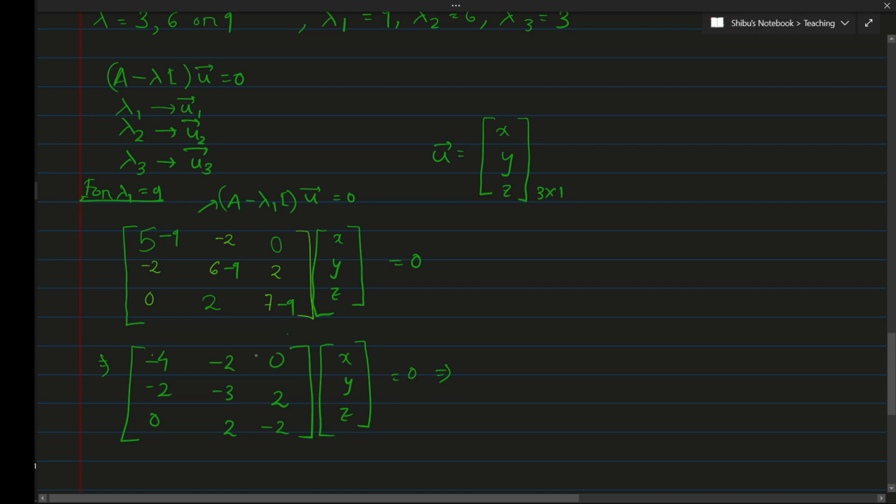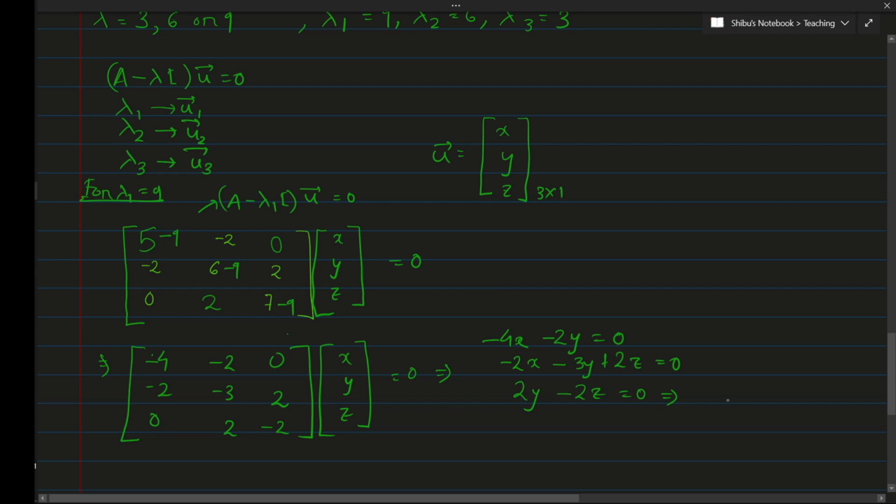Now if we write the different equations that come out of multiplying this matrix with this vector, this will be minus 4x minus 2y equal to 0. This is one equation. Then minus 2x minus 3y plus 2z equal to 0. Then this is 2y minus 2z equal to 0.